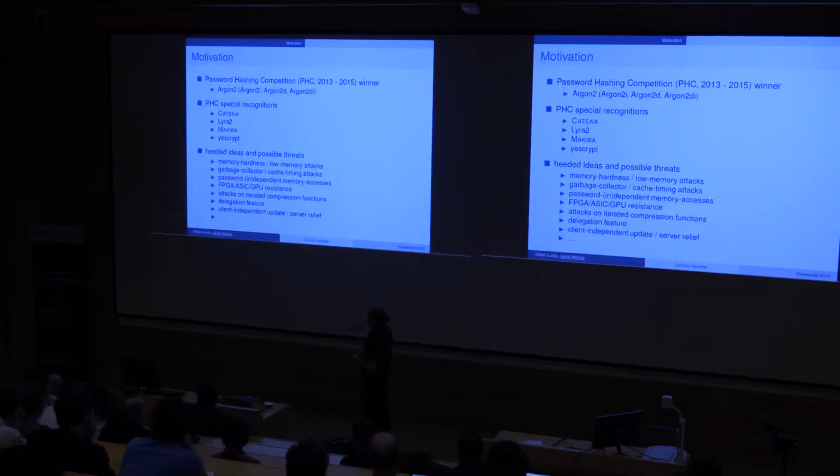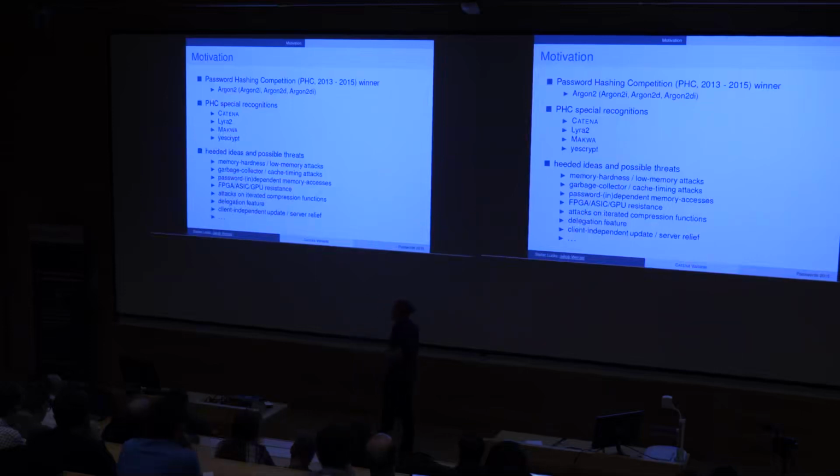Then we introduced the garbage collector attacks, which, similar to cache timing attacks, only work if the adversary has access to the PC where the password is actually hashed. The garbage collector attack just looks for the memory holding the state words of the password hashing scheme, which are still in memory after the password is already hashed, and then we try to find a faster way to compute password hashes to test candidates.